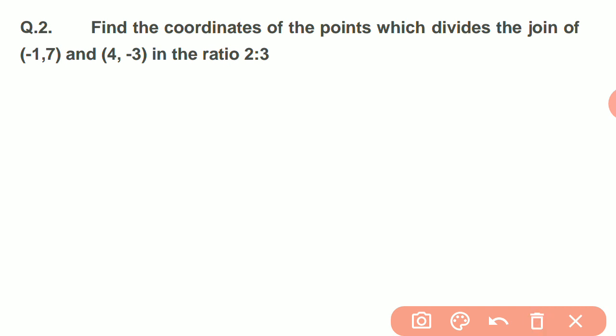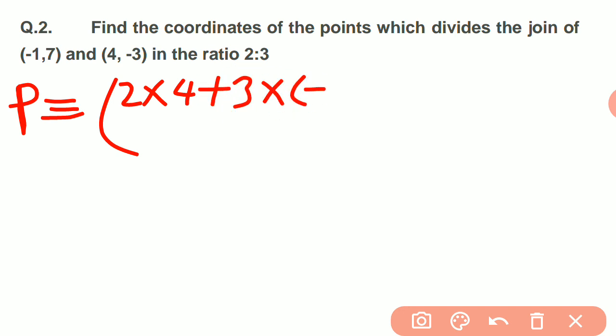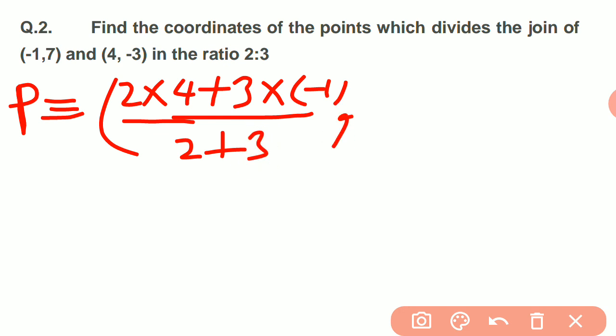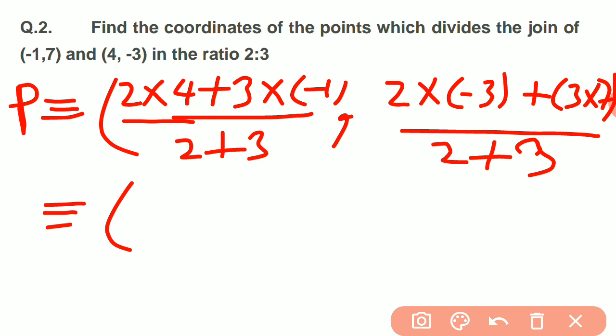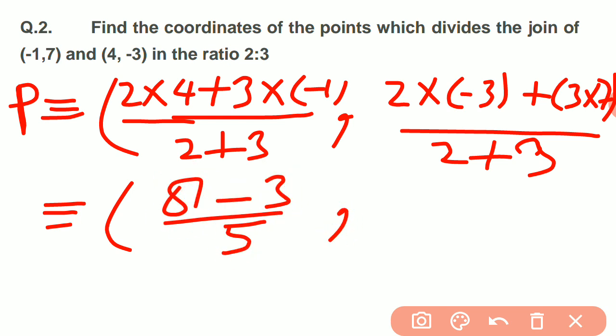So we can write like this: P equal to, m1x2 means 2 into 4, plus 3 into -1, upon 2 plus 3, comma 2 into -3 plus 3 into 7, upon 2 plus 3, and this becomes (8 minus 3) by 5, comma (minus 6 plus 21) by 5.